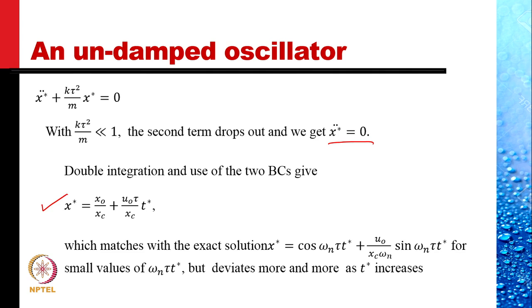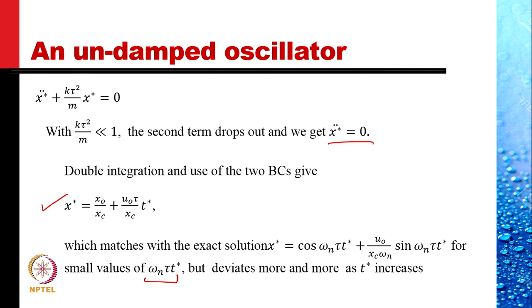A trivial equation. Double integration and use of the two boundary conditions give you this value as the solution, which matches with the exact solution x star is equal to cosine omega n tau t star plus u naught divided by xc omega n sine omega n tau t star, for small values of omega n tau t star, but deviates more and more as t star increases.